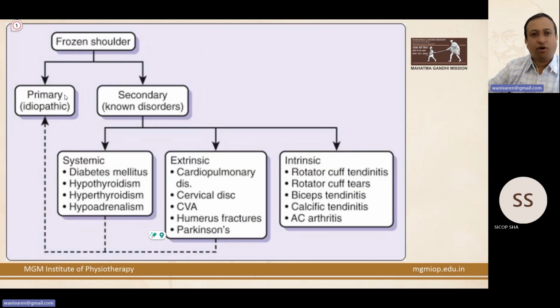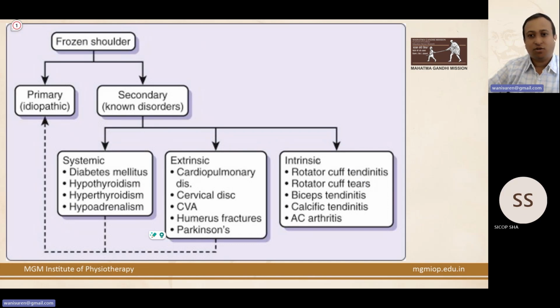Frozen shoulder can be divided into two: primary, that is called idiopathic, having unknown cause, and secondary frozen shoulder or adhesive capsulitis secondary to some disorders. It can be systemic, like diabetes, hypothyroidism, hyperthyroidism, and extrinsic factors like cardiopulmonary diseases, cervical disc, CVA, humeral fractures, Parkinson's disease.